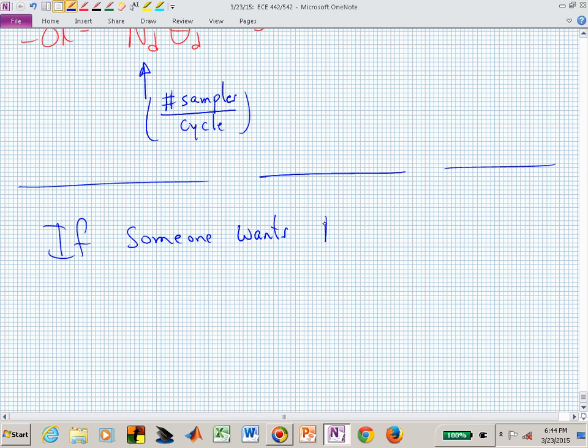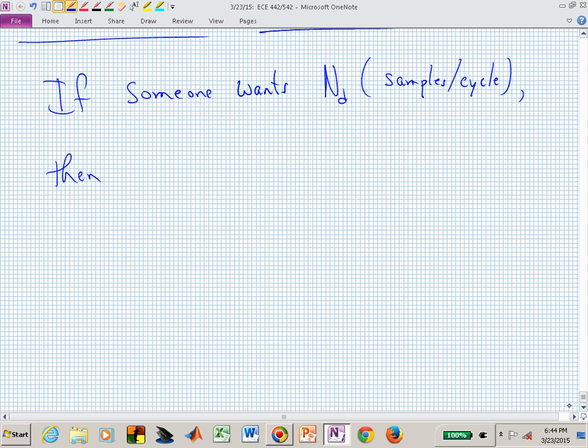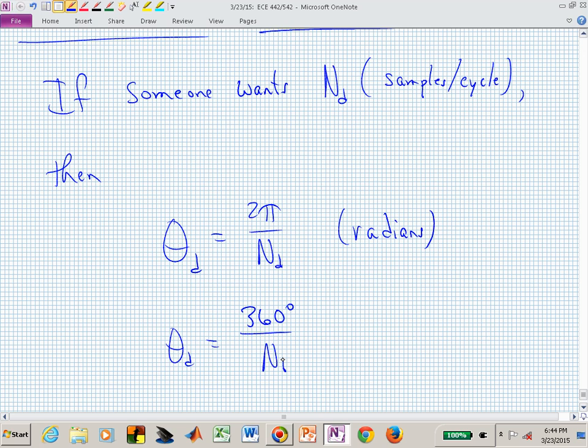Suppose someone wants N sub d samples per cycle. Then they're basically specifying theta sub d. They're saying that that's now 2 pi over N sub d in radians, or theta sub d is 360 degrees over N sub d in degrees.